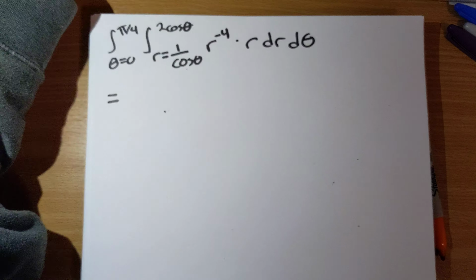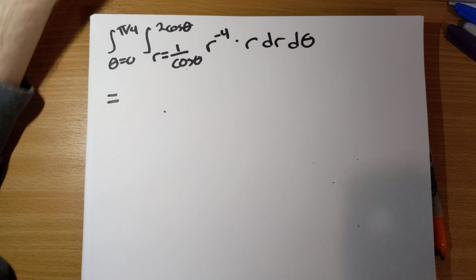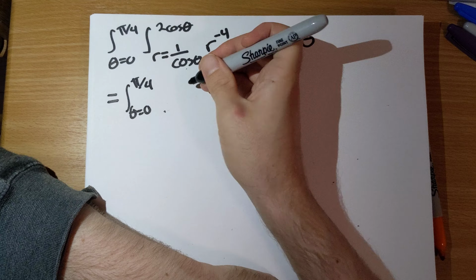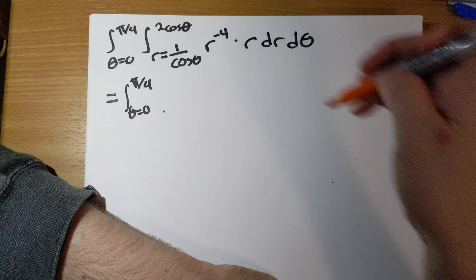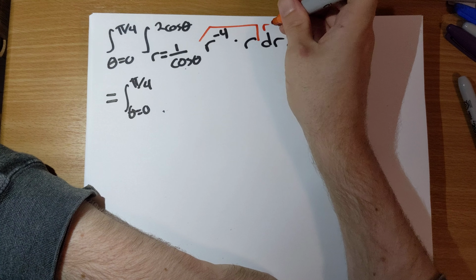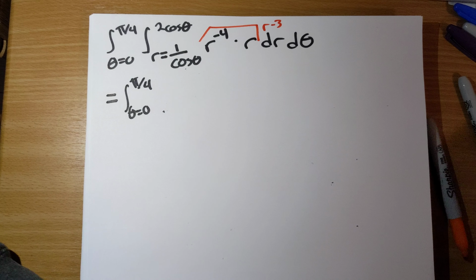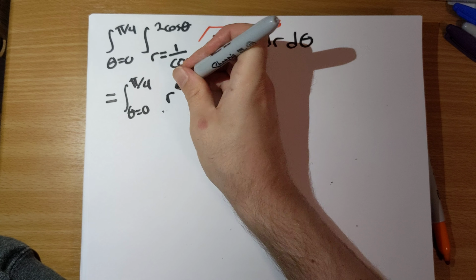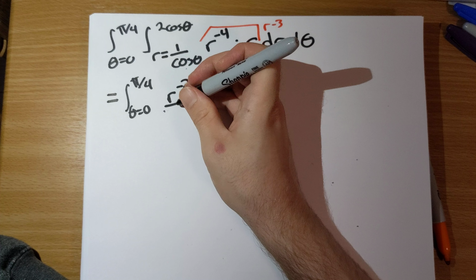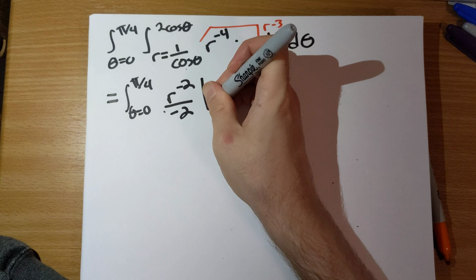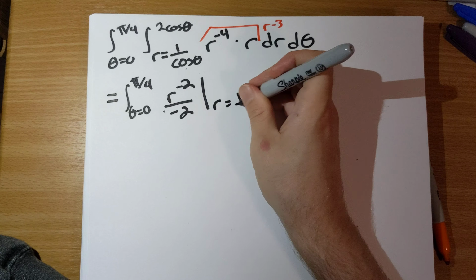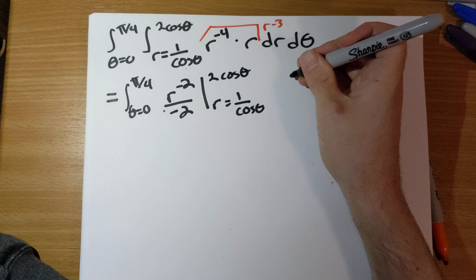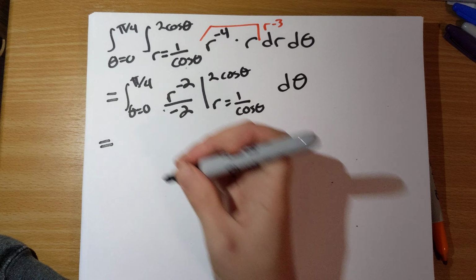Let me save a step and say that multiplies together as r to the negative 3rd power. The antiderivative of r to the negative third power is r to the negative second power divided by negative 2. Plug in r from 1 over cosine theta to 2 cosine theta, d theta.